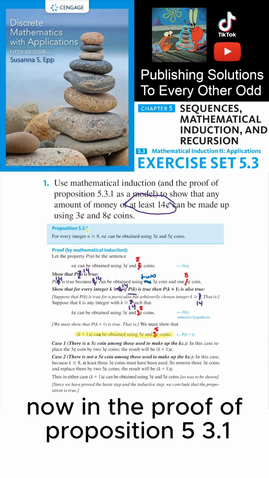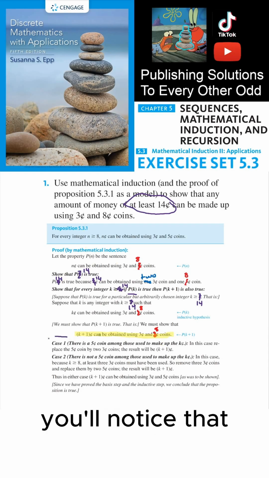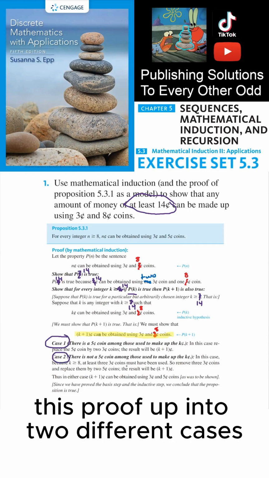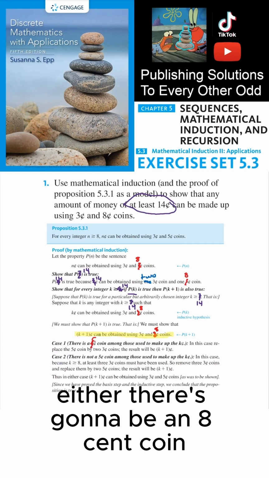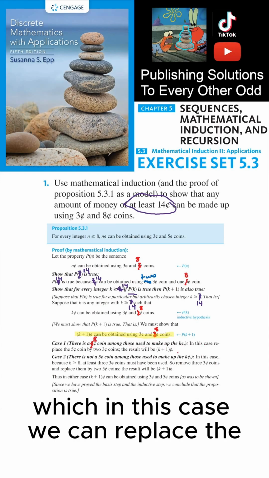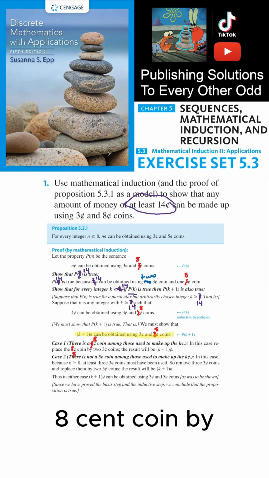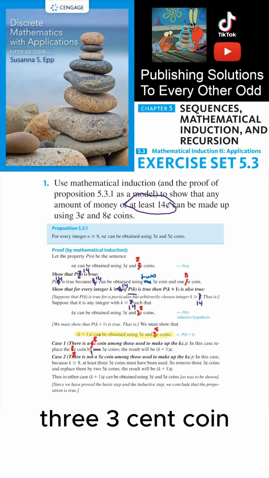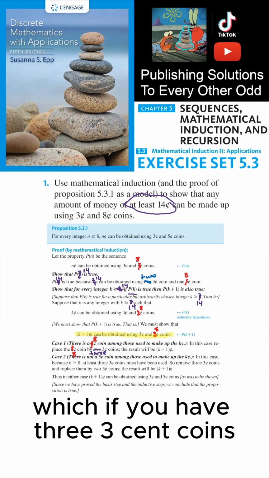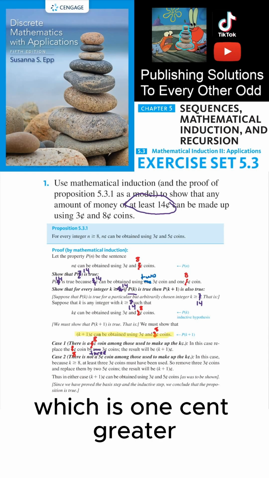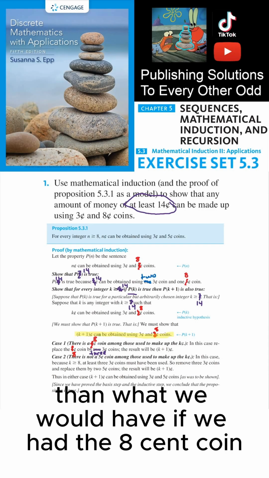Now, in the proof of proposition 5.3.1, you'll notice that the author breaks this proof up into two different cases. Either there's going to be an 8-cent coin among those used to make up the k cents, in which case we can replace the 8-cent coin by three 3-cent coins, which is 9 cents, 1 cent greater than what we would have if we had the 8-cent coin.